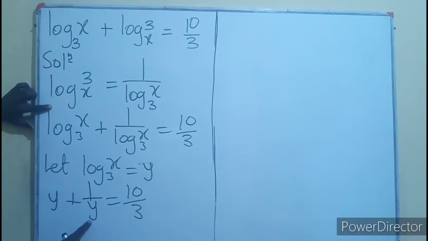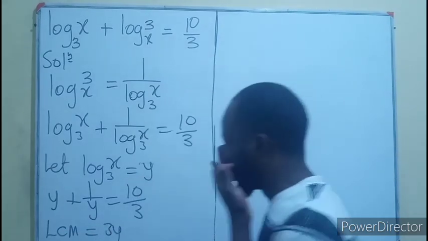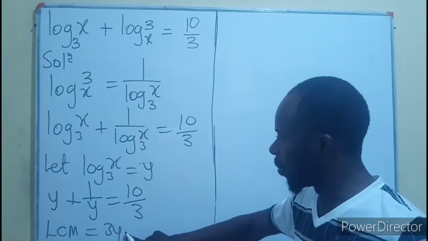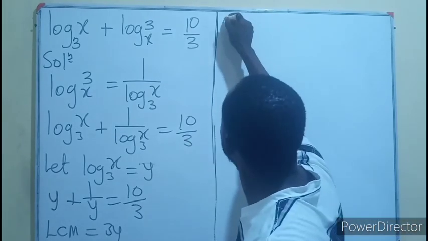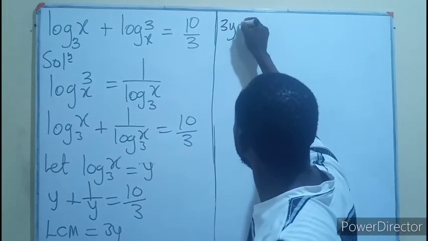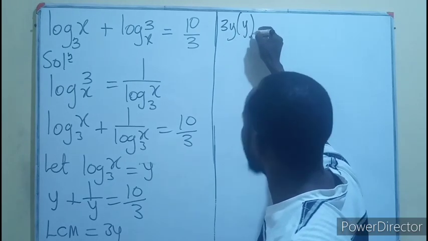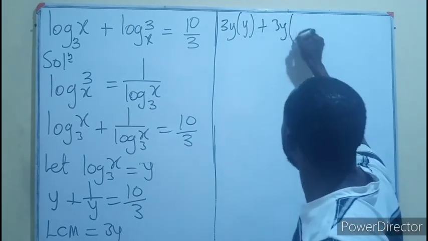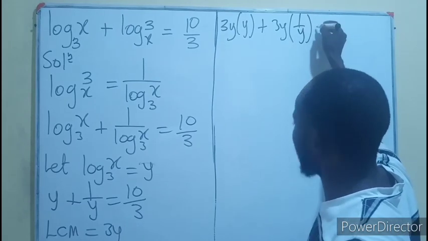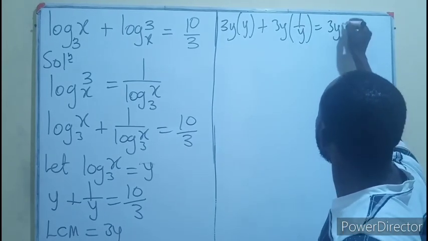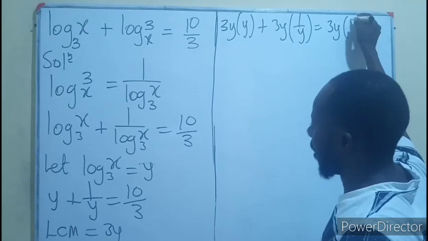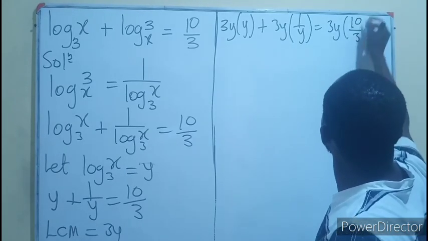We can see that y is a denominator, and 3 is a denominator. So our LCM is going to be 3y, meaning we multiply both sides by 3y. Multiplying through by 3y gives 3y times y plus 3y times 1 over y equals 3y times 10 over 3.